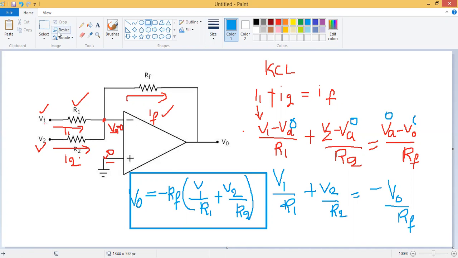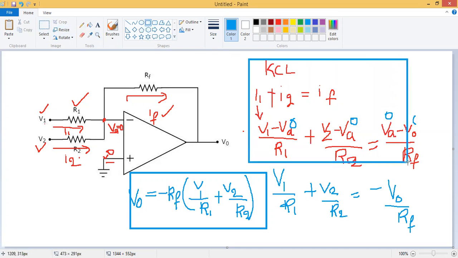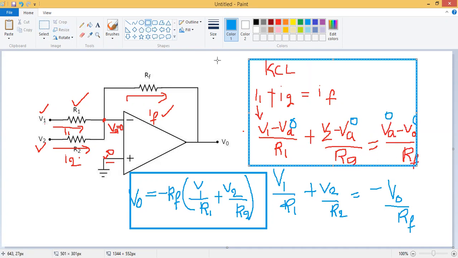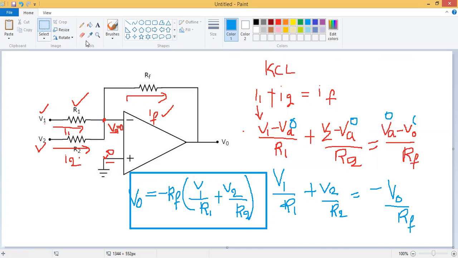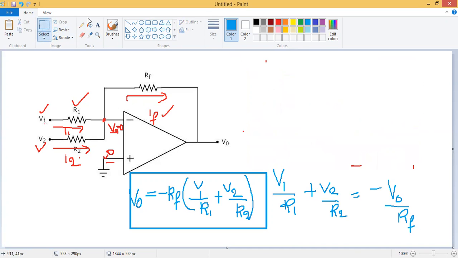Let us make one assumption, that R1 is equal to R2, equal to R.